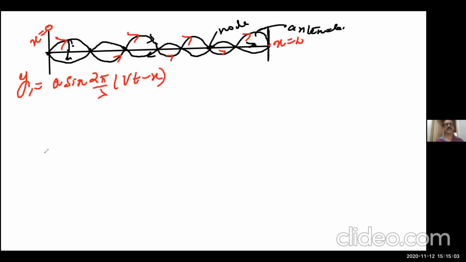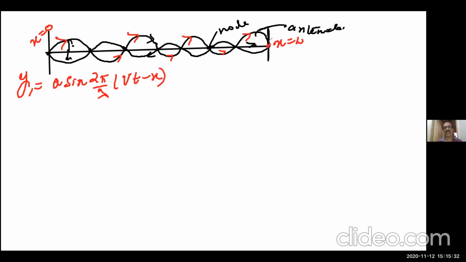So what is A? Amplitude. Lambda is wavelength. V is velocity. Okay, at the point x is equal to L, what happened to this wave?